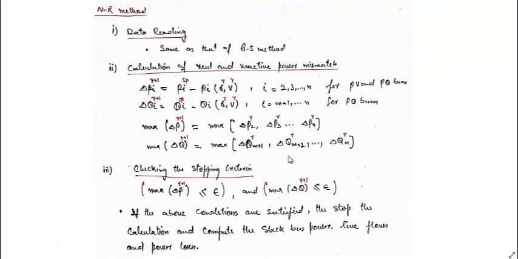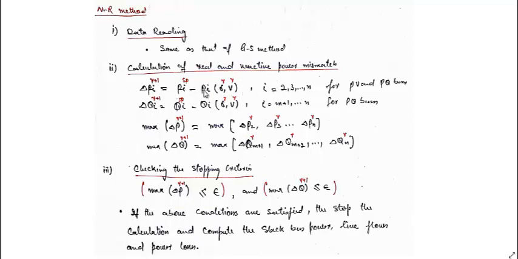After that, for this Newton-Raphson method, we have to calculate the real and reactive power mismatch. That is delta Pi (r plus 1), which is equal to Pi specified minus Pi as a function of delta and V, which is nothing but the summation of Vi into summation Vj Yij cos of (delta i minus delta j minus theta ij).